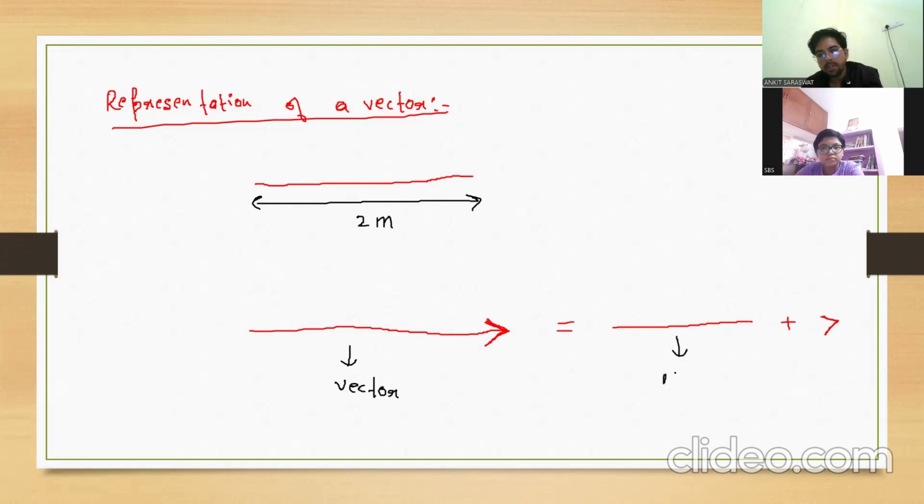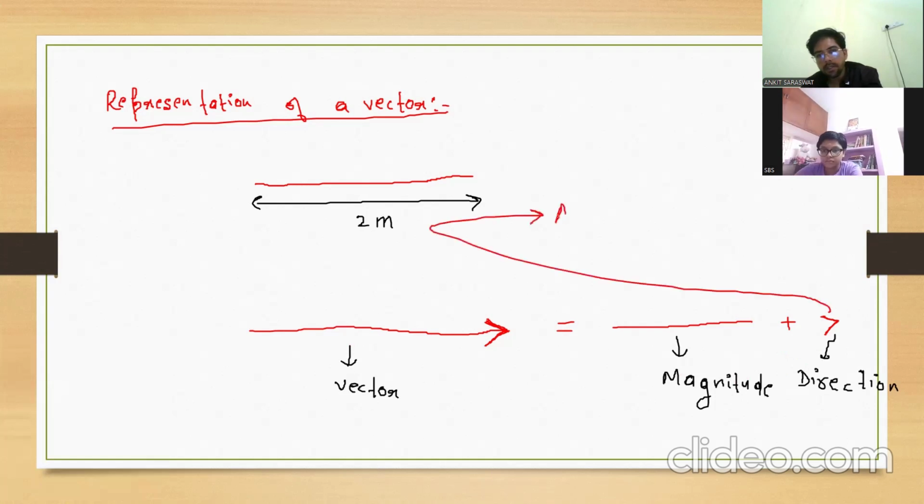Magnitude, that is given by the length of the vector, and direction. This is known as the arrowhead. It will give the direction.